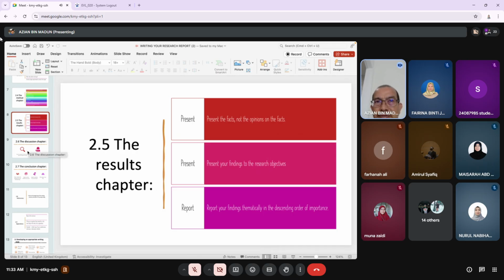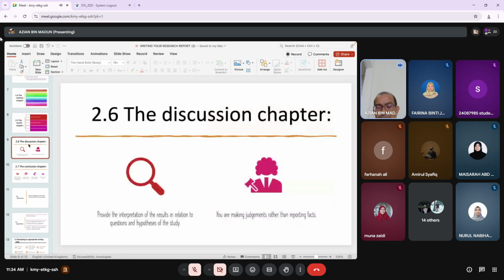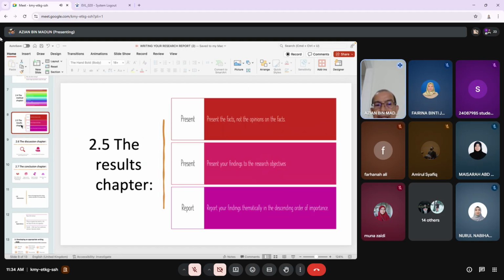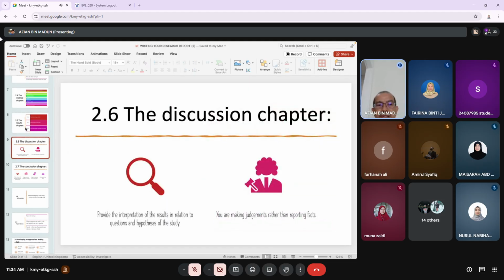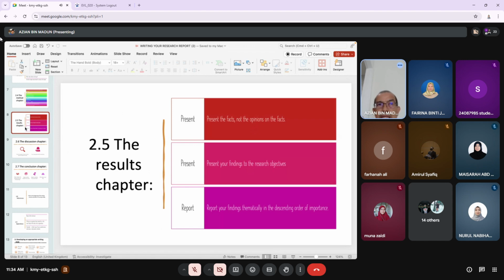For quantitative, I'm talking about surveys, maybe you're doing economics or Islamic banking, the results will be one chapter, but discussion another chapter. But if you're doing interviews or observation, usually not. Results and discussion come together because there's not much graph to show when doing interviews. So that's the whole idea.